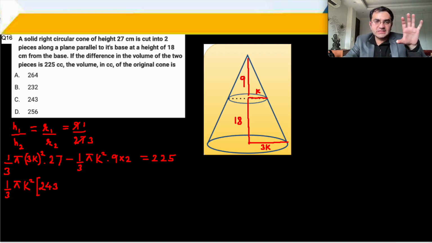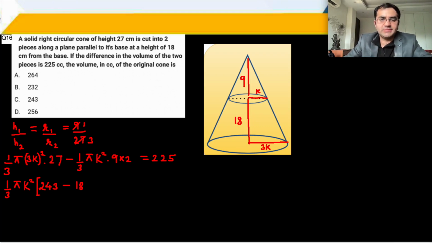So this is now the big cone. Big cone is now 1/3 pi k squared into 243, this part, and then minus the remaining part. So basically this will get cancelled out. 1/3 pi k squared is 1.